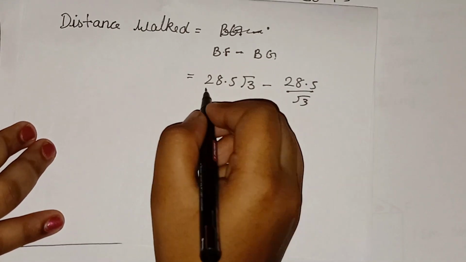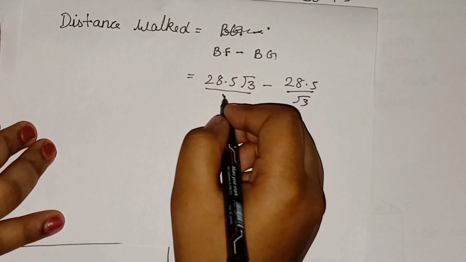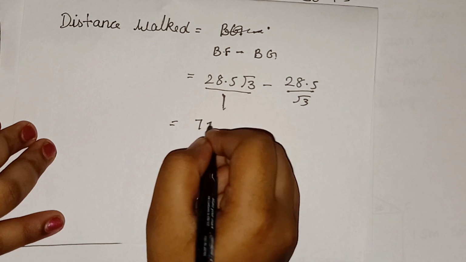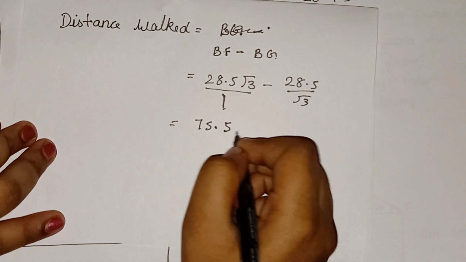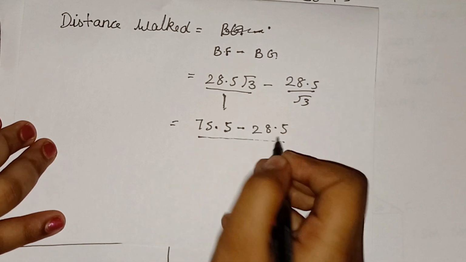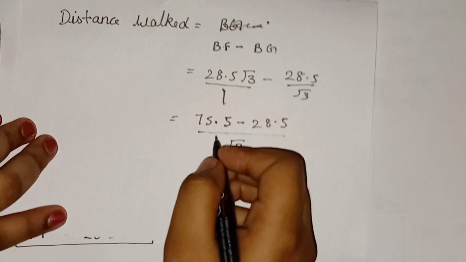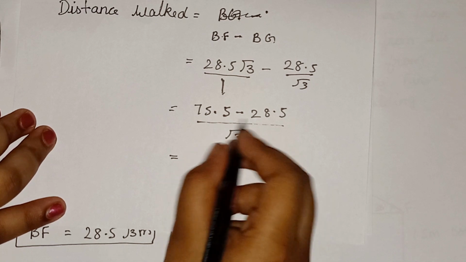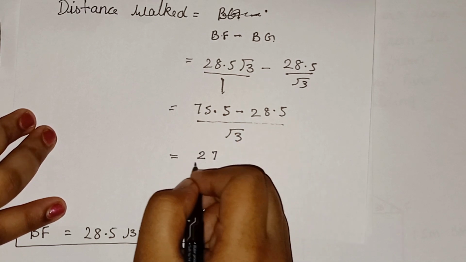Now here nothing is there, means 1, so we have to take LCM. When I take LCM, I'll get 85.5 minus 28.5 divided by root 3. When we subtract it, we will get 27 by root 3.